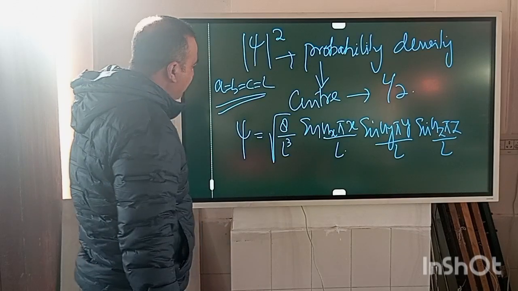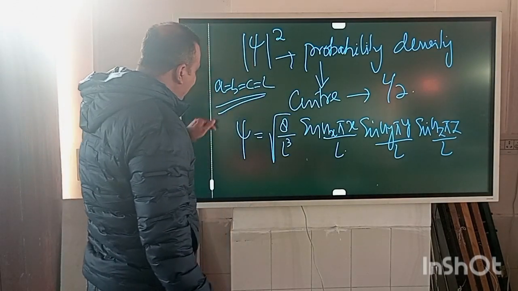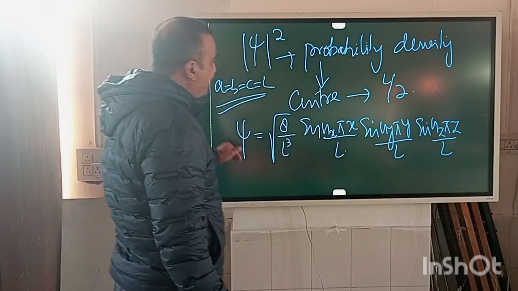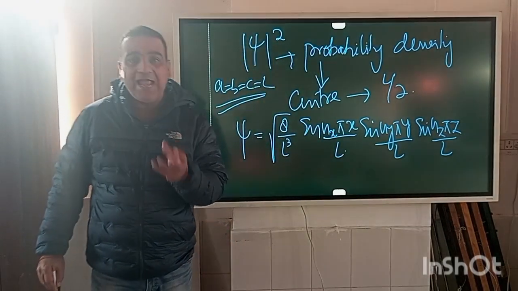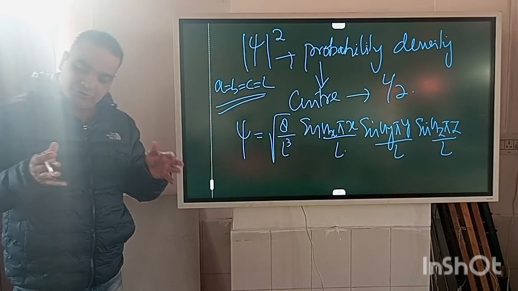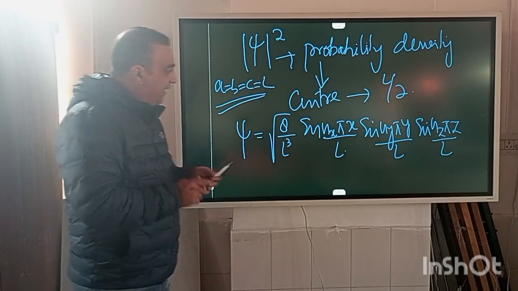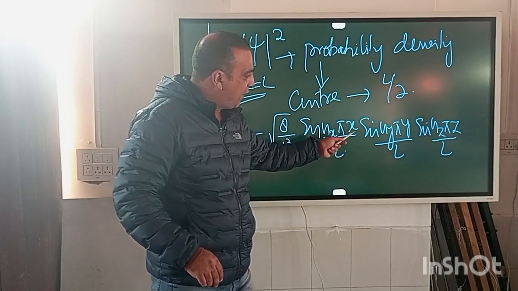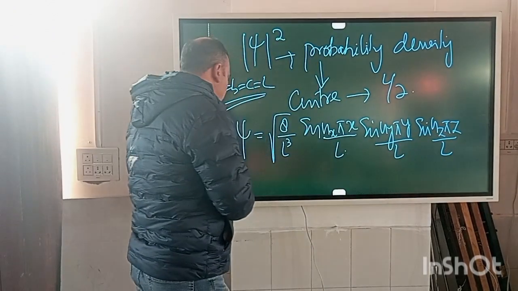Okay, so this is our psi, and if I apply the boundary conditions, what's the boundary condition in my problem is that I want to calculate this probability density at the center of this cubical box. So if I want to calculate it at the center, then along x I will have L by 2, along y I will have L by 2, and along z I will have L by 2.